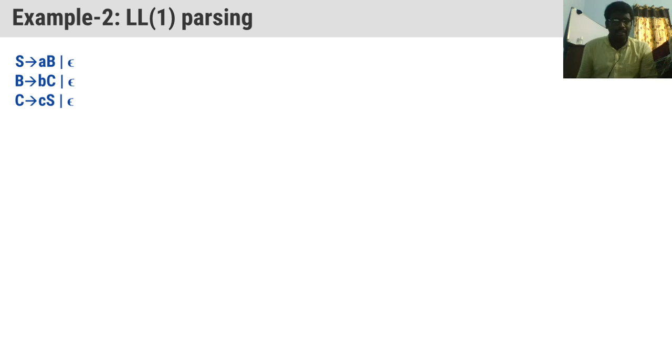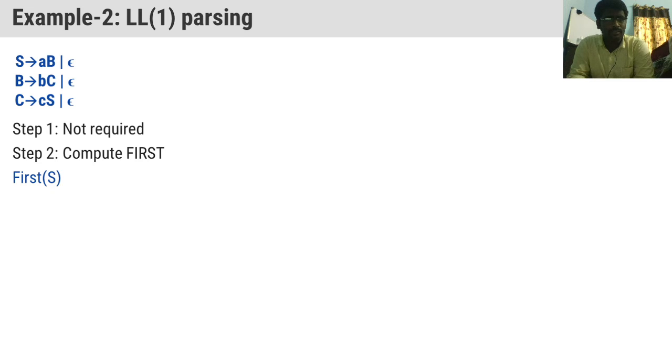That you need to understand very clearly. We will find out first sets and follow sets only for the non-terminals. So in the given grammar, since the non-terminals are capital S, capital B and capital C, definitely we will find out the first sets only for the non-terminals S, B, C, right?